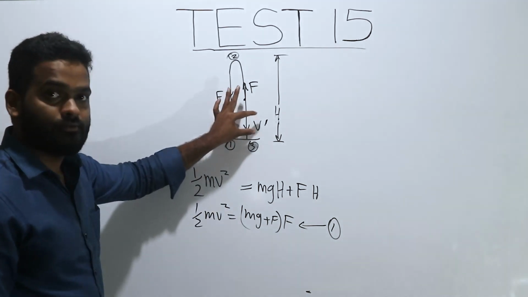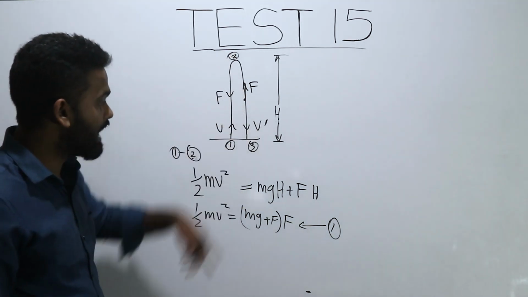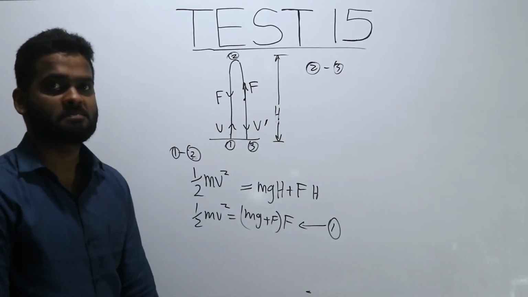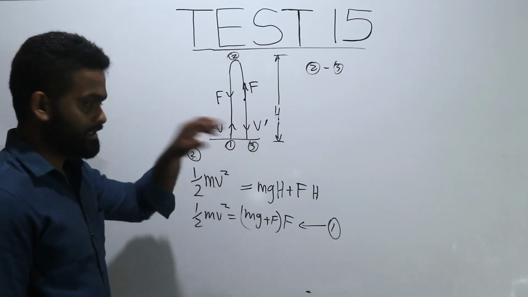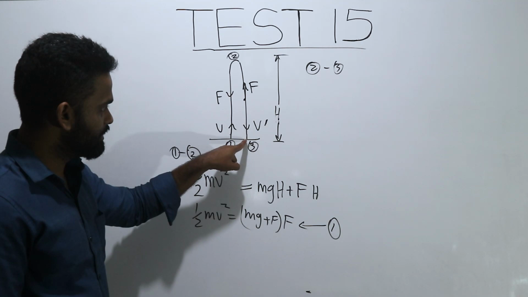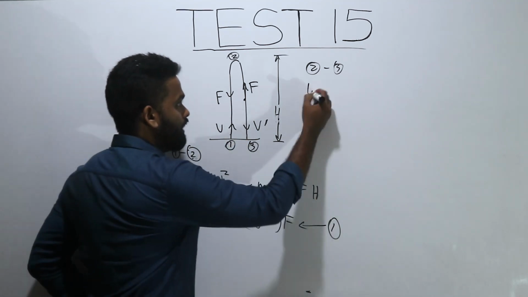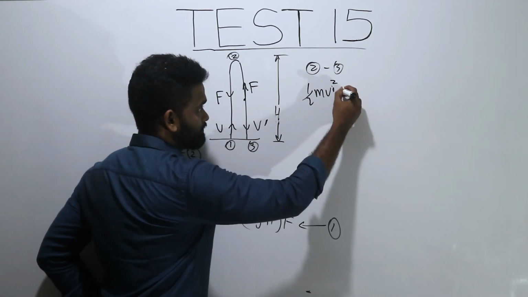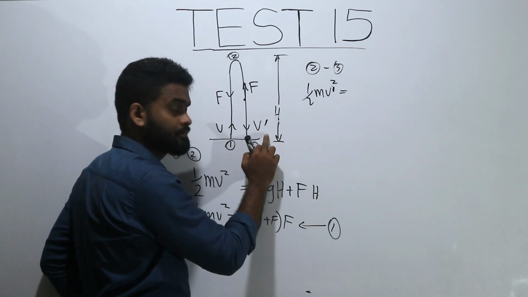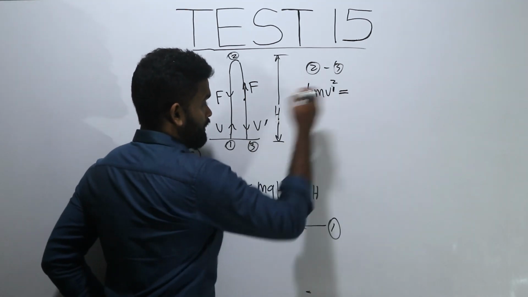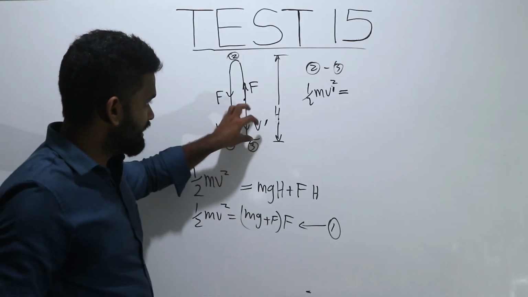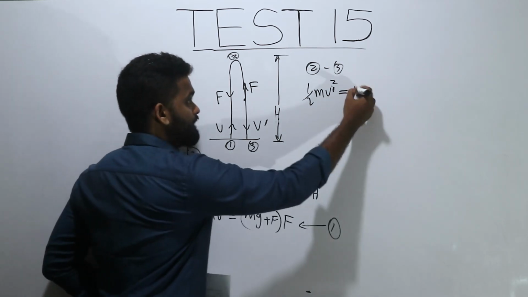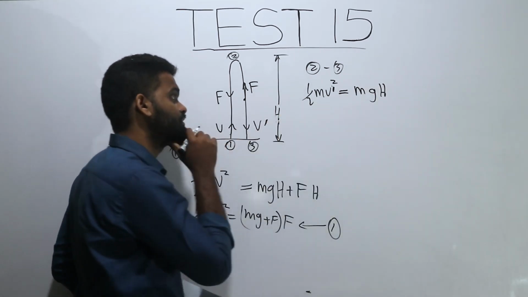So what we need to find is v dash. I'll apply the equations from 2 to 3. Let's think about the energy here. The kinetic energy is half mv dash squared, the remaining energy. At point 2, the potential energy is mgh.